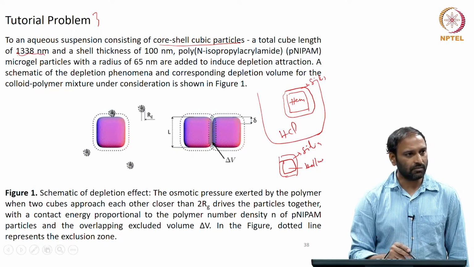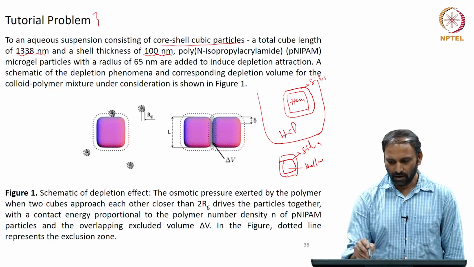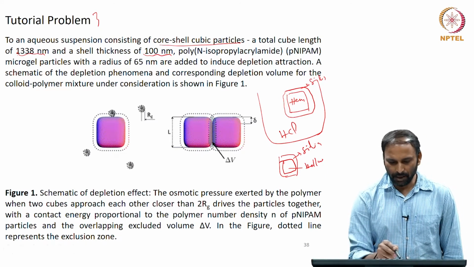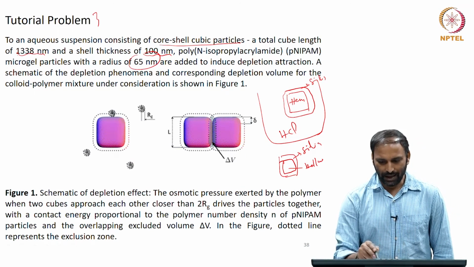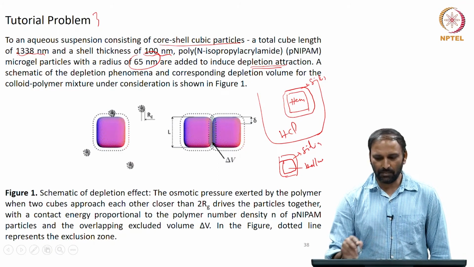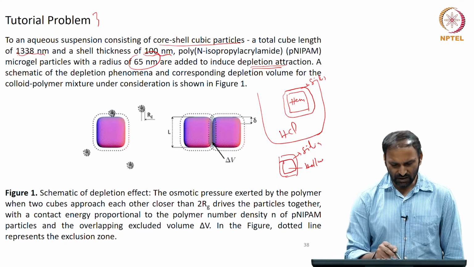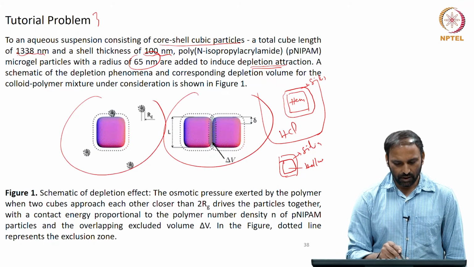The length of the cube is given, and the shell thickness is also given, and p-NIPAM microgel particles of 65 nanometers are added to induce depletion attraction. They are given a schematic diagram. So that is the cubic particle.